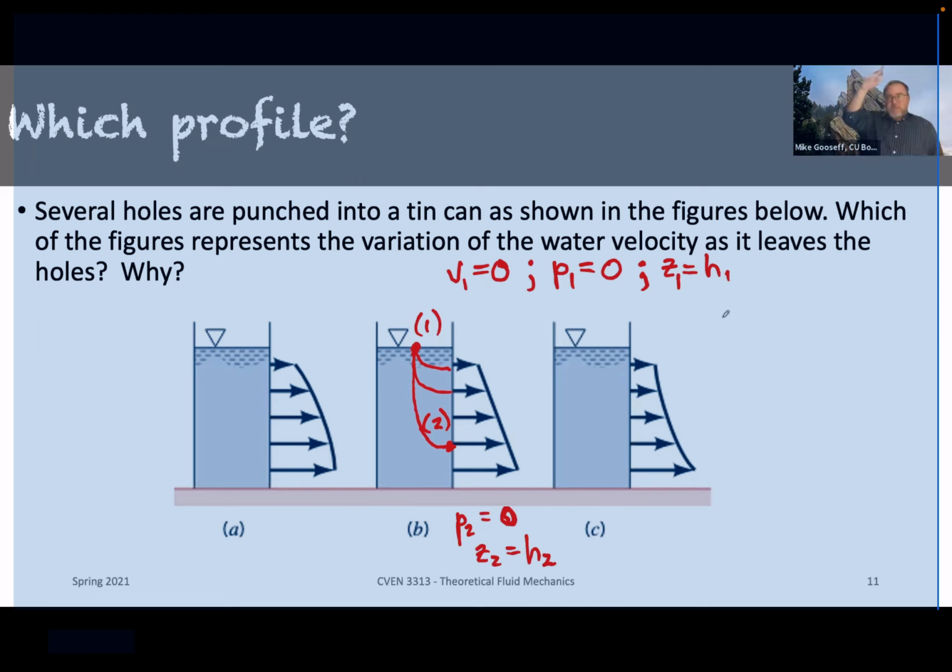I mean, we'll have to consider how we move down through the height, but essentially we should be able to figure out some kind of relationship here, right? So with that in mind, let me switch. Oh, we don't know what V2 is yet, but this is going to help us solve the Bernoulli equation and think about how things change with depth.